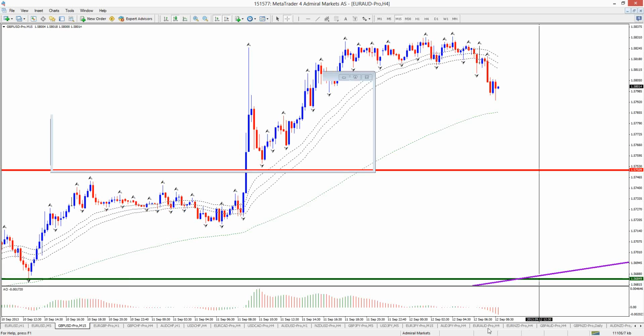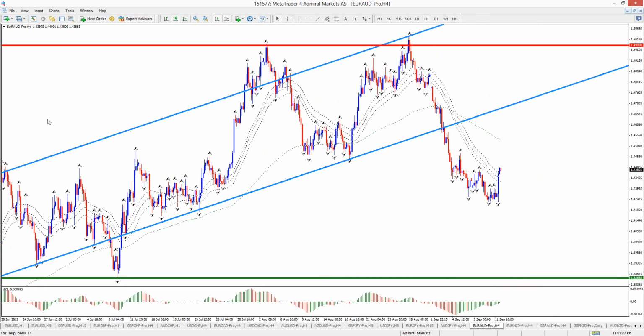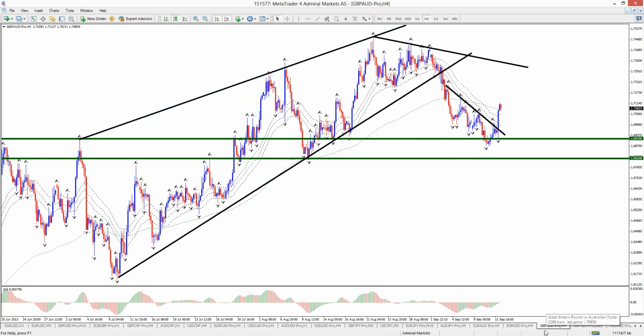Otherwise, we did see bounces on the euro Aussie finally, and the pound Aussie as well. We got those bounces finally as expected.